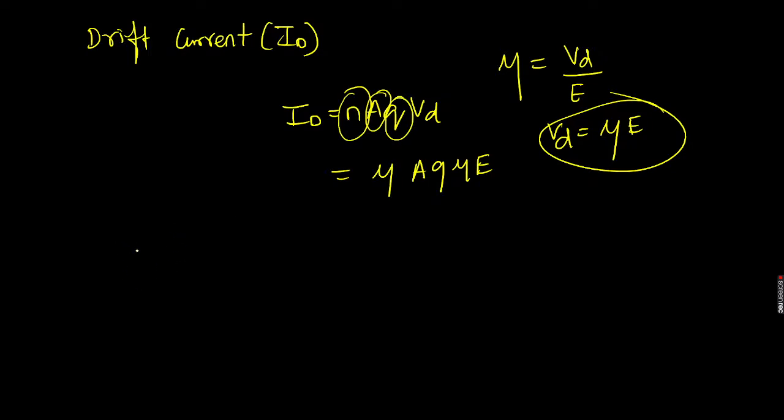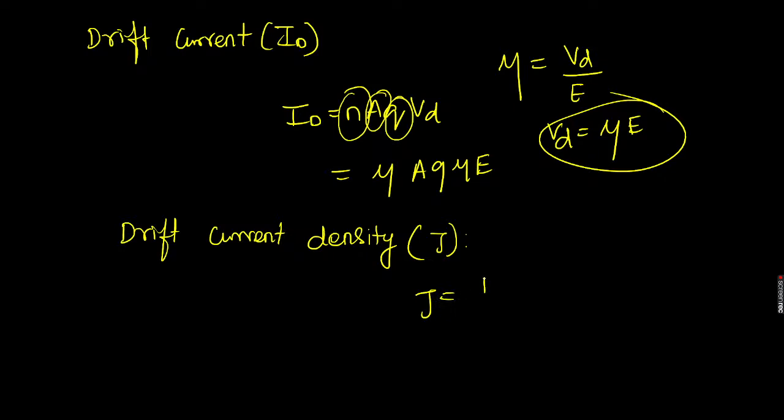Now let us see the formula to obtain the value of drift current density. Let us discuss drift current density. It will be represented by J. So J is equal to drift current per unit area. Okay, that's all. So this can be further defined as drift current.